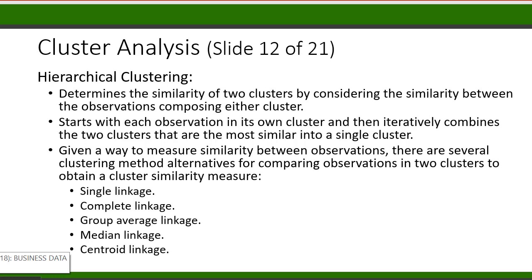The next thing we want to look at is hierarchical clustering. So it determines how similar two clusters are by considering the similarity between the observations that make up the cluster. So initially you start with each observation in its own cluster, and then it goes through an algorithm that combines the two clusters that are most similar into a single cluster.